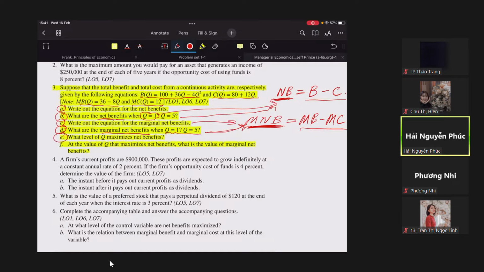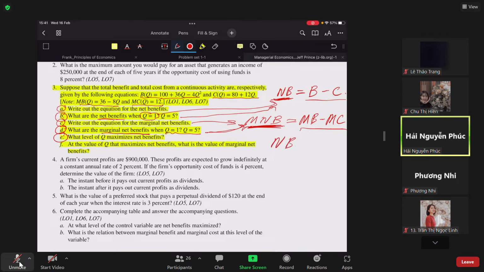Now question E, they ask you about the level of Q that maximizes the net benefit. So what is the condition when we have the net benefit to be maximized? Tell me, please.